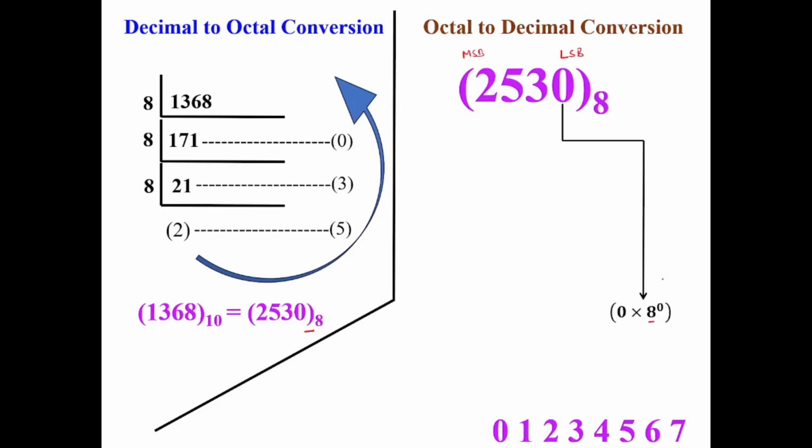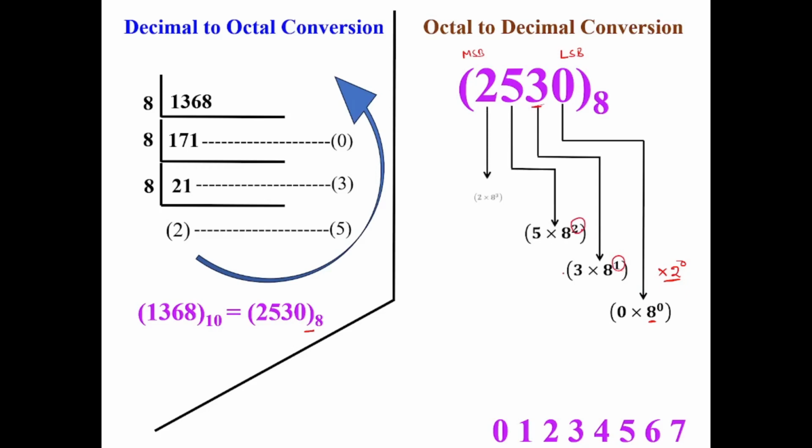In the case of binary, you may remember it was multiplied by 2 to the power 0. Then the second least, that is your 3, is multiplied by 8 to the power 1. Then 5 is multiplied by 8 to the power 2. Then 2, the most significant bit, is multiplied by 8 to the power 3.